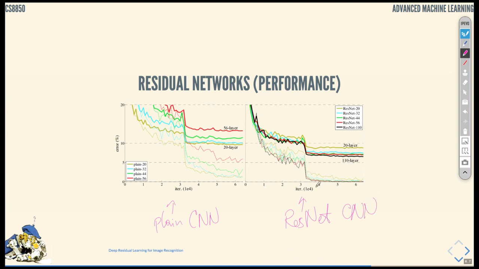Dotted lines are training error, and solid lines are testing error. Same behavior: the deeper the plain network, the worse the error, the larger the error. With ResNet, it's the opposite. The deeper the network, the error is consistently better. The training error is also much lower, but we mostly worry about generalization error.